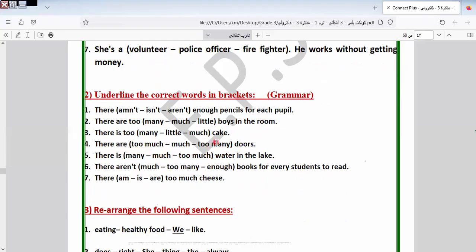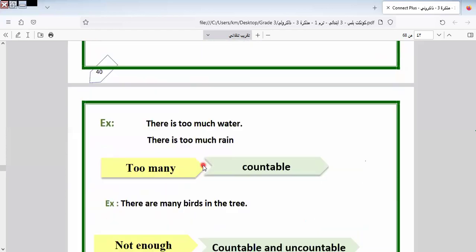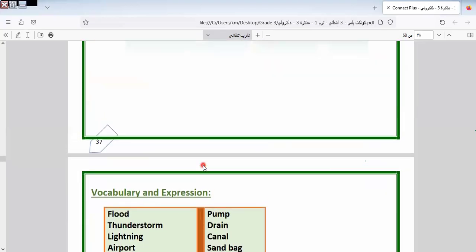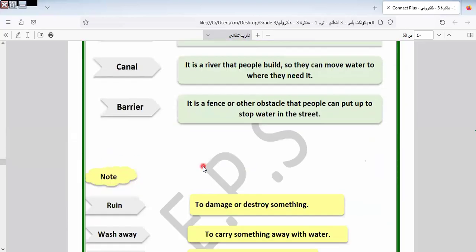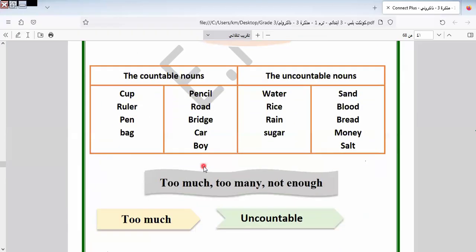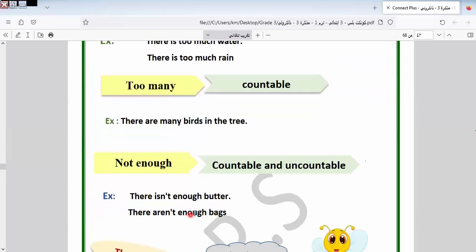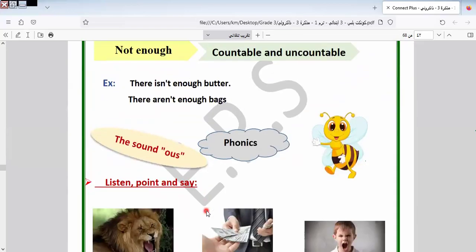There are too many doors because doors can be counted. There is too much water. As we told you before, too much is used with what? With uncountable nouns, as we know here in this unit. Okay, as we note here in this part, we use too much with uncountable nouns. Okay.